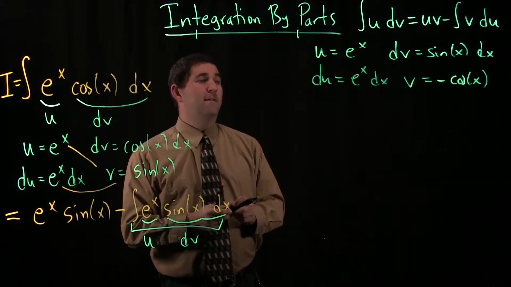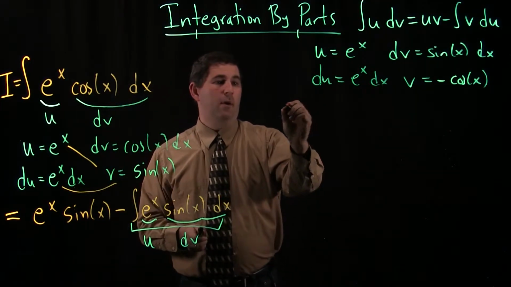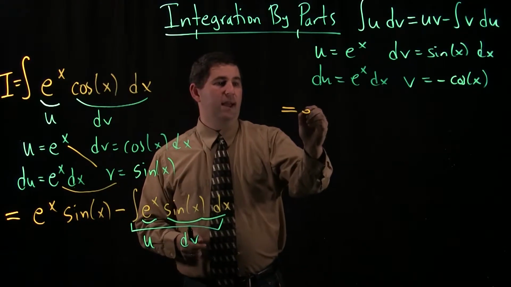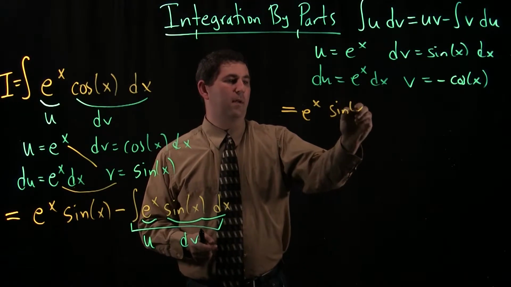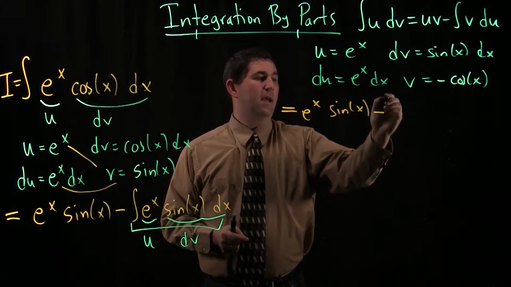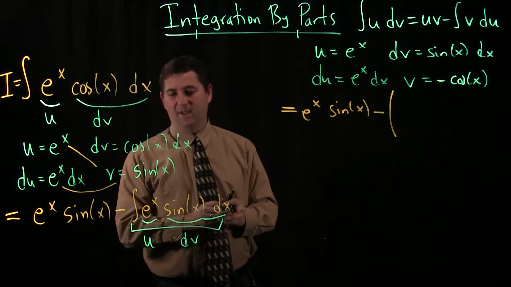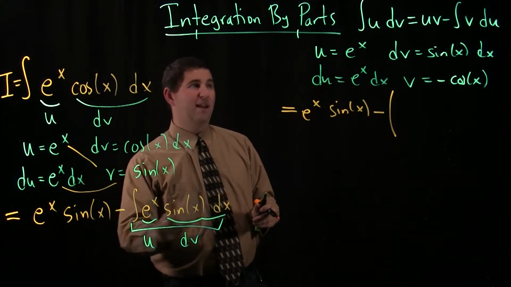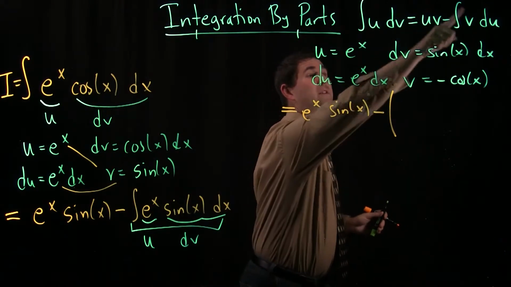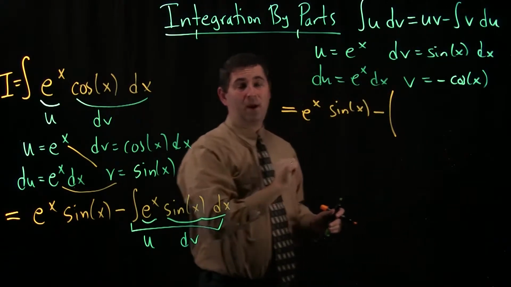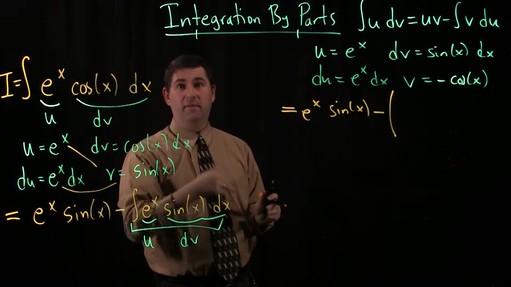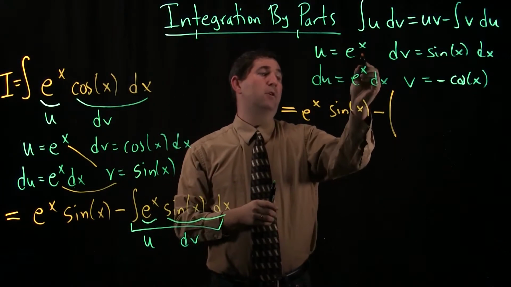Okay, fine. So I can copy my e to the x sine of x minus, and now I'm going to put some parentheses here because this minus is going to have to hit two different pieces. I want those parentheses there to remind myself of that. So I need my uv.